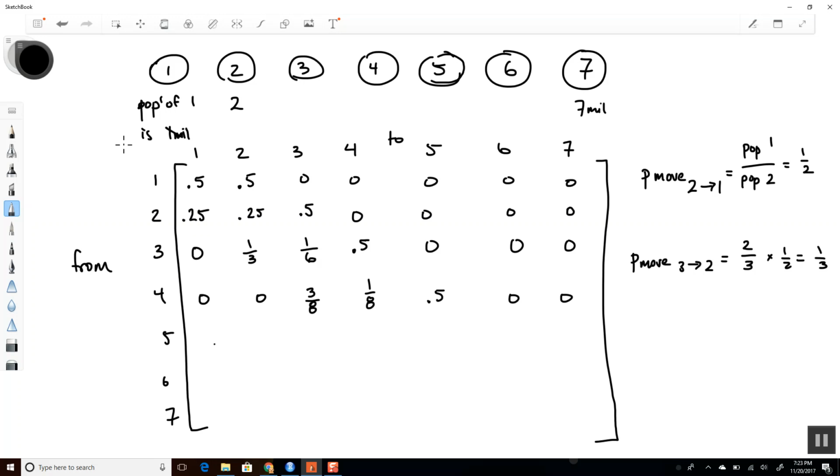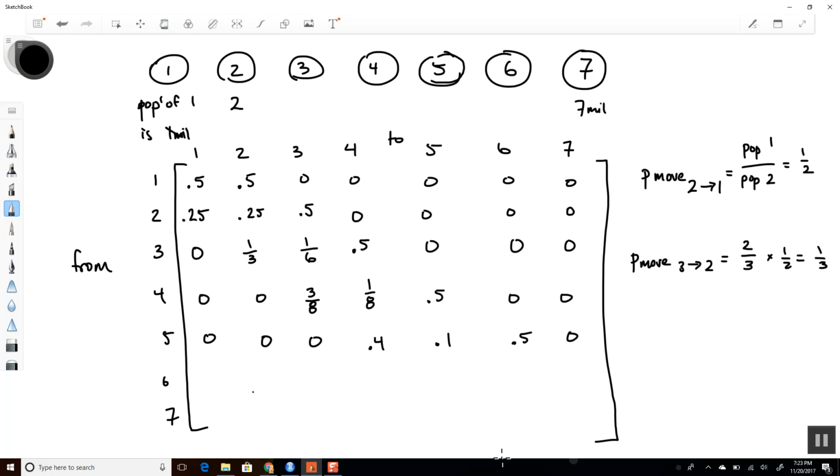So what does this one look like? 5 to 6 has probability 0.5. What's the probability of going 5 to 4? 0.4 and 0.1, right?